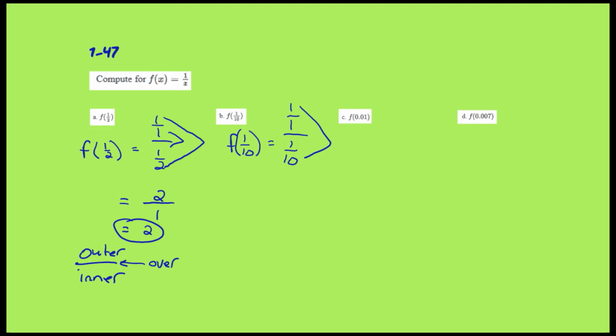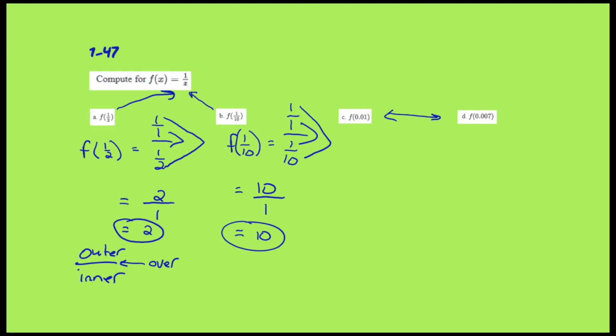So my outer is 10 over my inner, which is 1. You notice that you're just flipping it. So the f of 1/2 on this equation was 2. The f of 1/10 on this equation is 10. So you're going to see a pattern.